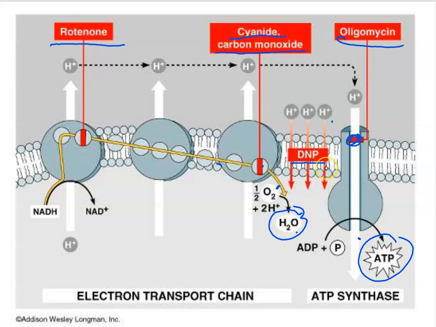And it works because you're not generating a lot of ATP, so your cells are constantly burning more glucose or more food molecules to generate the ATP that you need. But people have actually died because this hydrogen ion concentration gradient does have some energy, and this energy will be released. Basically people have died from overheating, taking these diet pills.